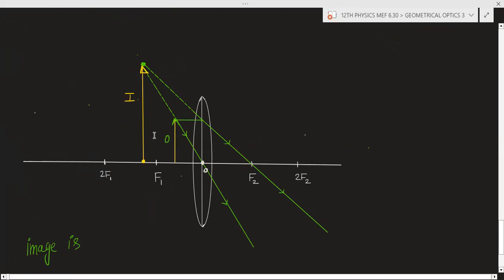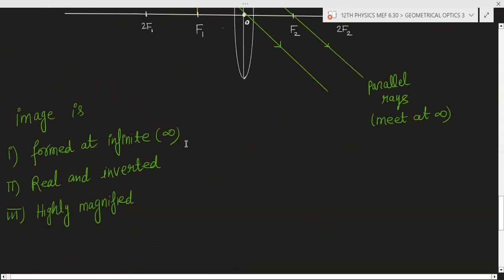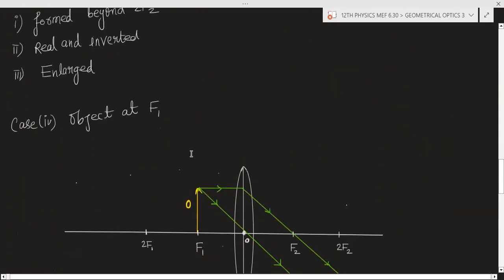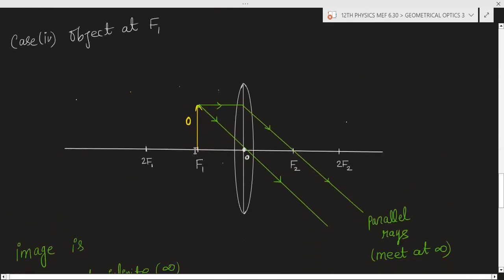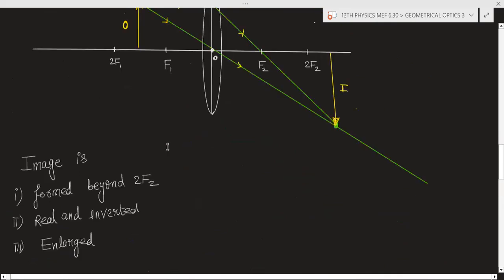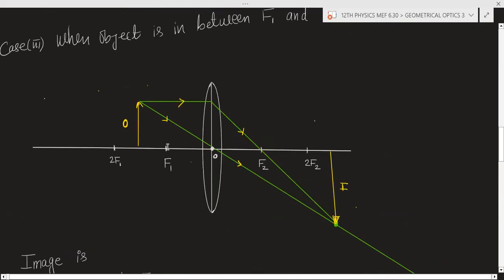The image this time is also on the left hand side of the lens. In earlier cases we have seen that the object is on one side and the image on the other side of the lens.